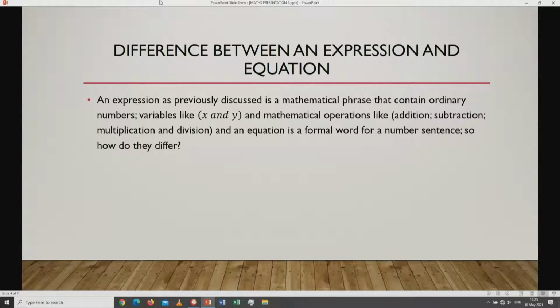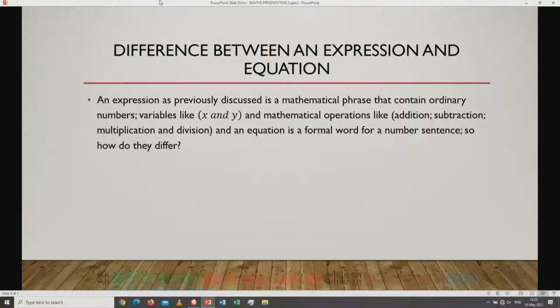First, guys, we have already explained what an expression is. Just a quick reminder: an expression, as previously discussed, is a mathematical phrase that contains ordinary numbers, variables like x and y, and mathematical operations like addition, subtraction, multiplication, and division. And an algebraic equation is a formal word for a number sentence. So how do they differ? How do we differentiate that this one is an equation, this one is an expression?